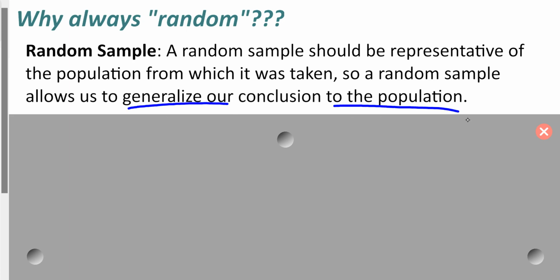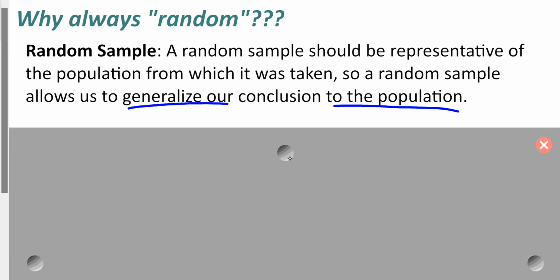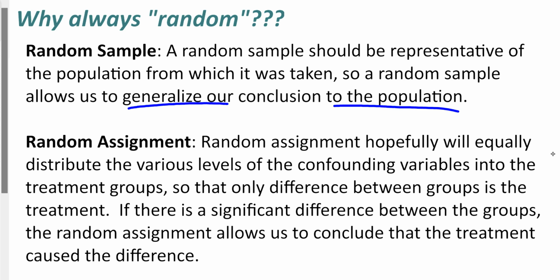That's important. Whereas random assignment, so now once we have our sample that we're going to use for our experimental units, and we want to assign them to different treatments, that helps us with cause and effect. So random assignment hopefully will equally distribute the various levels of confounding variables into the different treatment groups, so that the only difference between the groups really is the treatments that's being given.